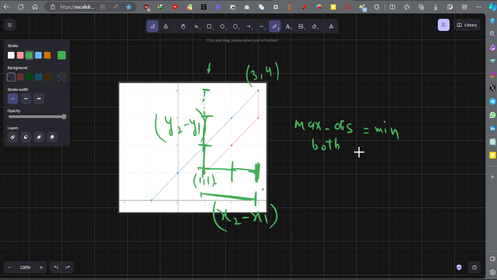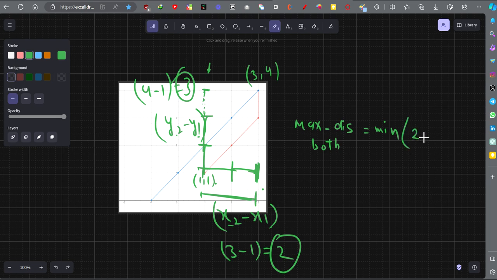So the maximum distance that you can cover in both directions is nothing but the minimum of x2 minus x1 and y2 minus y1. If you calculate both of these, x2 minus x1 comes 3 minus 1, that is nothing but 2, and 4 minus 1 is nothing but 3.